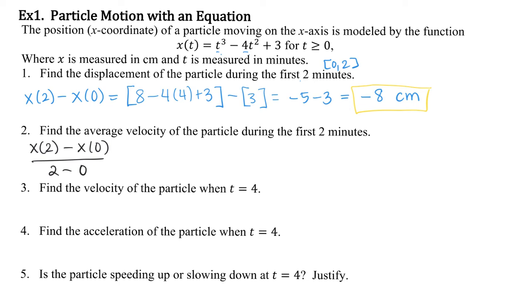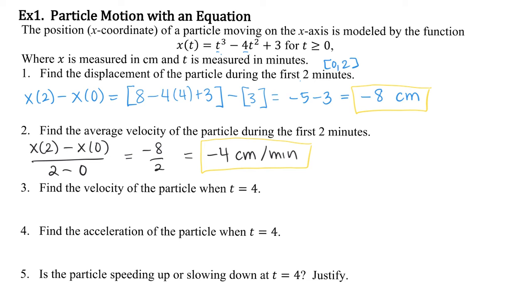Well, I just found the change in position is negative 8, so this is going to be negative 8 over 2, which is negative 4. And then my units are the units for x, which are centimeters per minute. This is velocity, so it's telling me it's moving to the left at a rate of 4 centimeters per minute during the first 2 minutes.